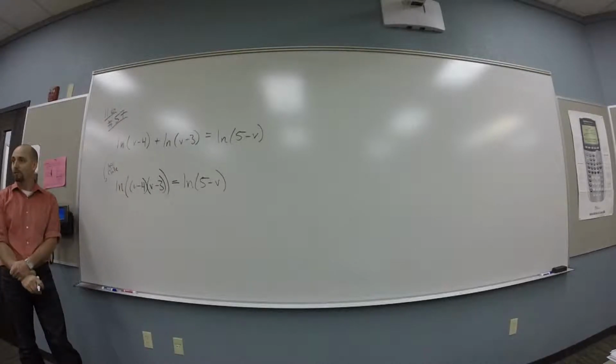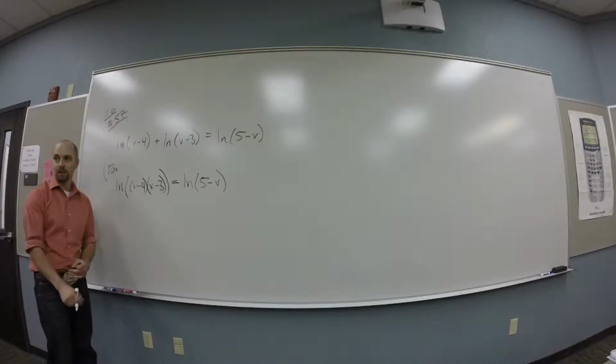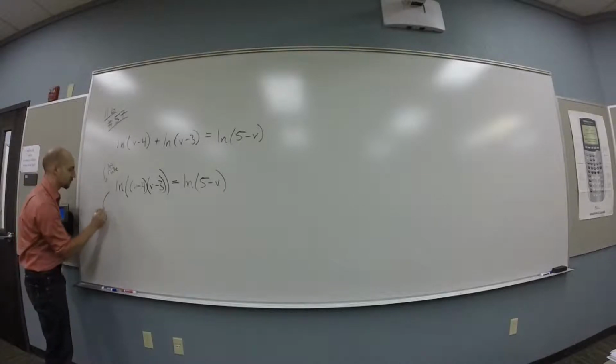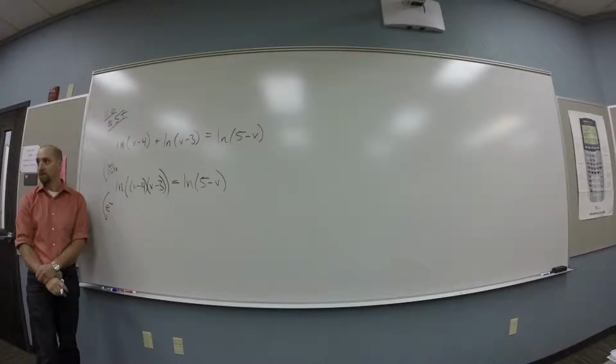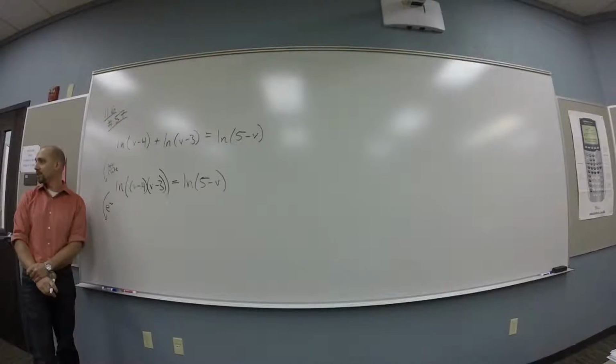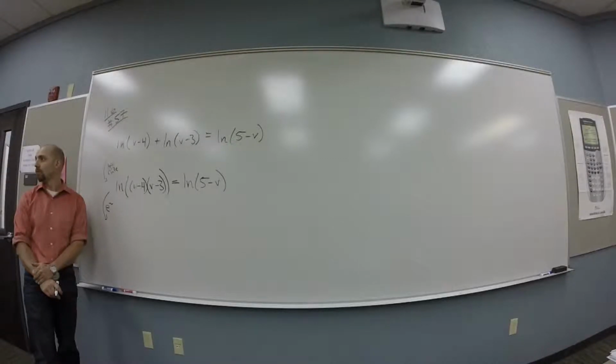Okay, now I want to rid myself of these logs, right? So how do I get rid of the ln's? I put everything in the exponent of an e, right? Really, that's apply the e to this function to both sides. Why didn't I use 10? Because it's not a log, it's an ln, right? So the base is e.